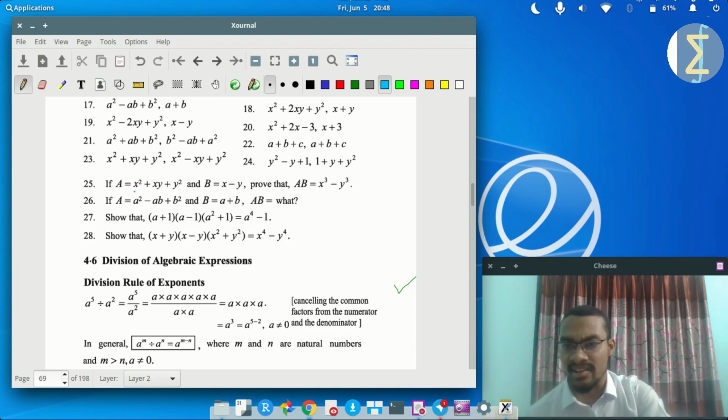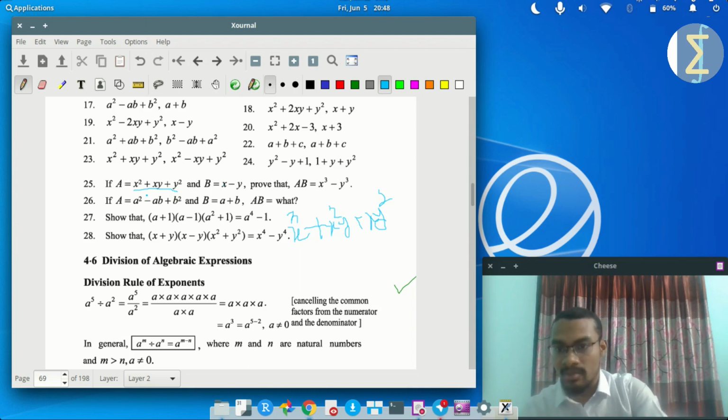If we multiply this whole term with x, then what do we get? We get x times x square, so we get x cube. Then xy multiplied by x, we get plus x square y. Then this x multiplied by y square, we get xy square.